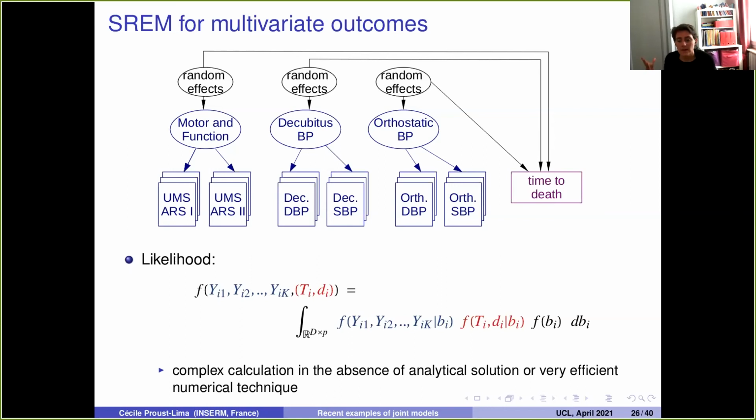So that was a problem that we had for many years with the extensions of the shared random effects model for multivariate outcomes, and there have been some recent proposals using alternative methods to deal with this numerical integration, and I wanted to share with you one of them, which is simply to make it disappear.